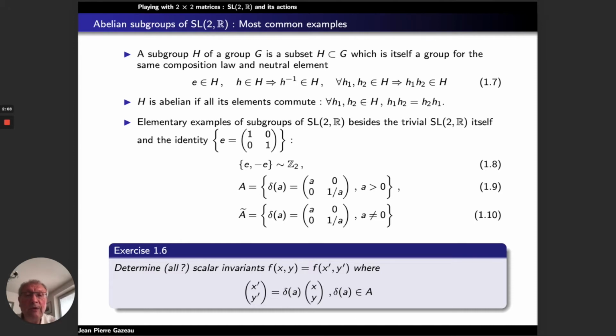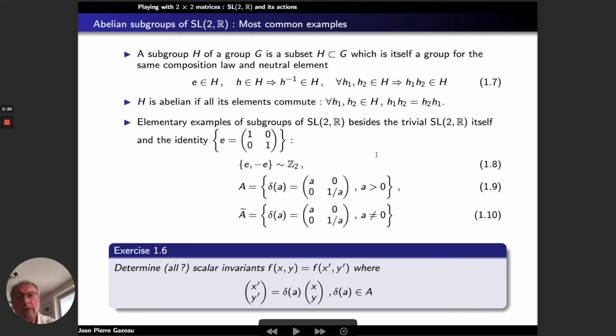It's a group made of E and minus E. That means the matrices 1, 1 and minus 1, minus 1. And this group, for the multiplication of matrices, is isomorphic to the group Z2.